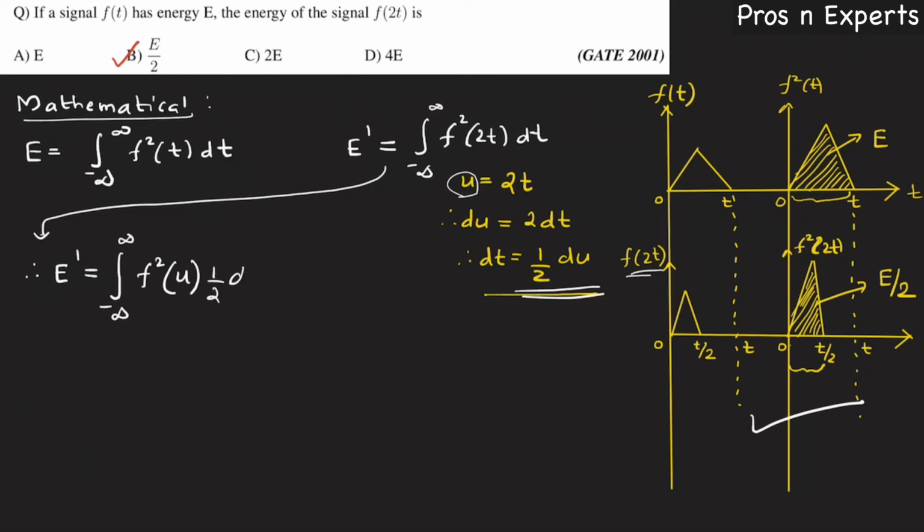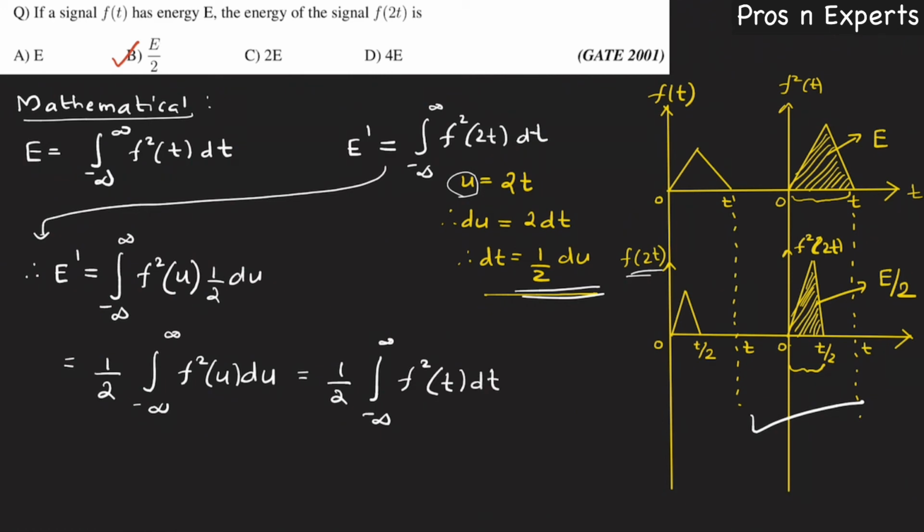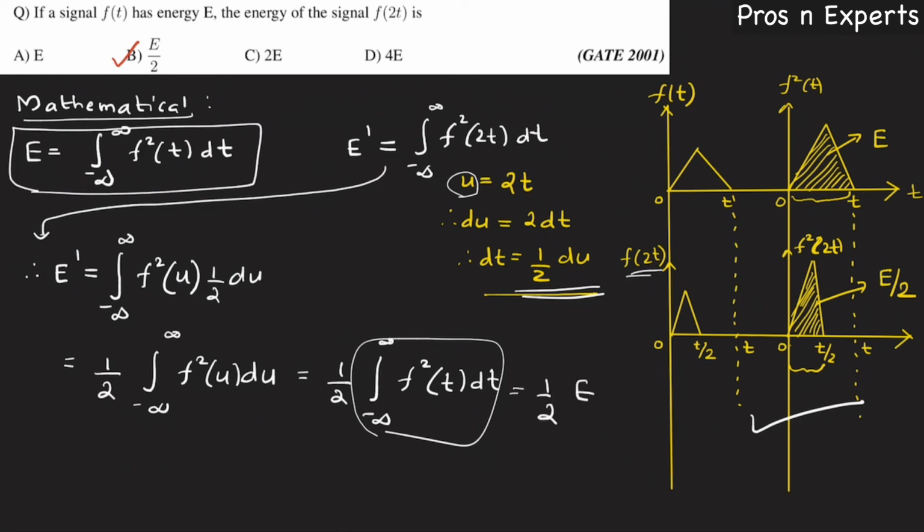I can take the constant half outside the integral. So half times the integral from minus infinity to infinity of f square u du. There's nothing wrong in changing the variable of integration back to t, so f square of t dt, but this value, as you know, is equal to E. So this is half into E. So the answer is B.